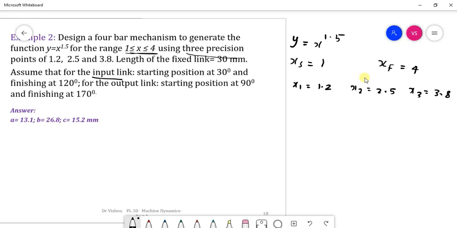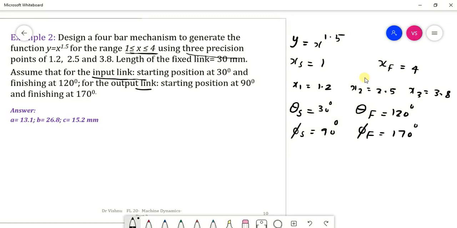For the input link, that means theta, they say starting of theta, theta s is 30 degree and ending of theta, that is theta final, is 120 degree. And for output link, this is phi, starting is 90 degree and phi finishes at 170 degree. So these are the data given.